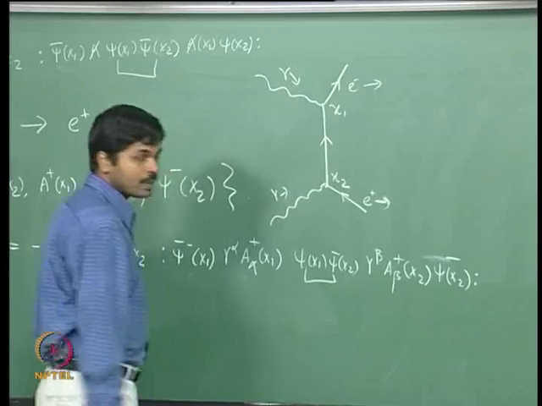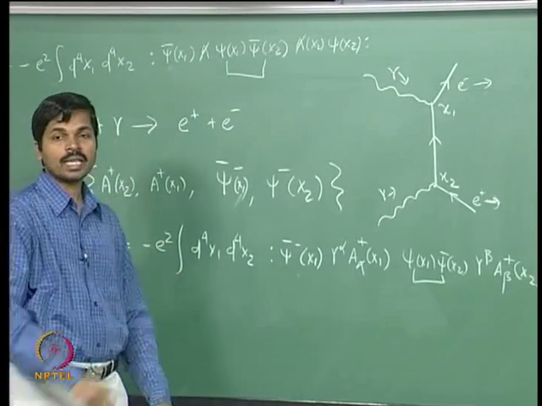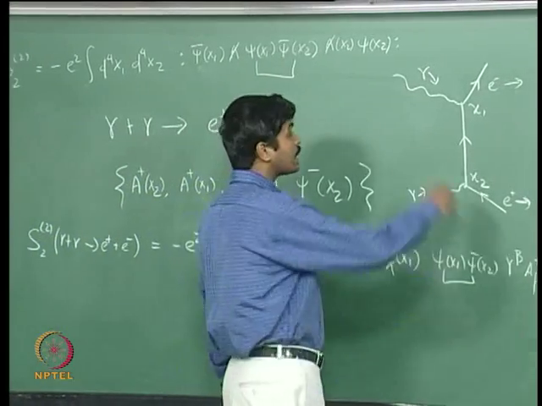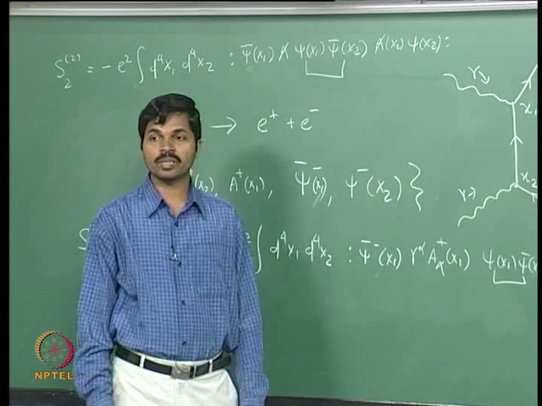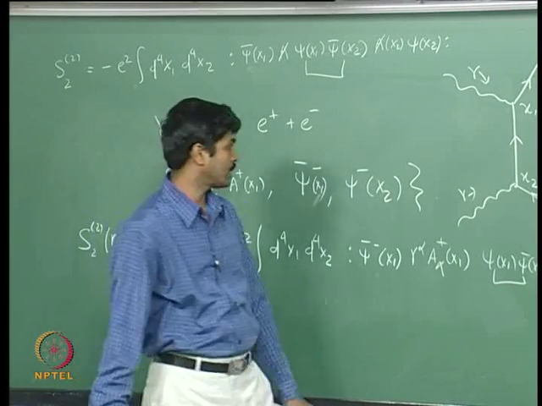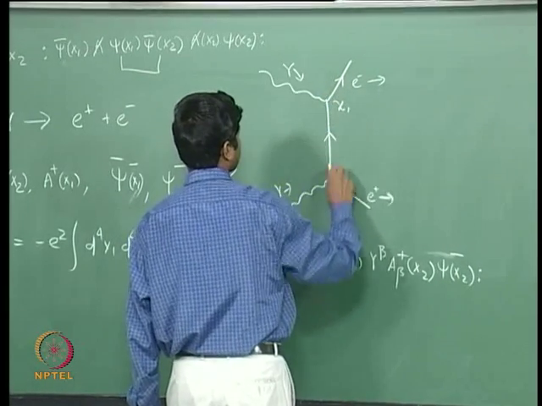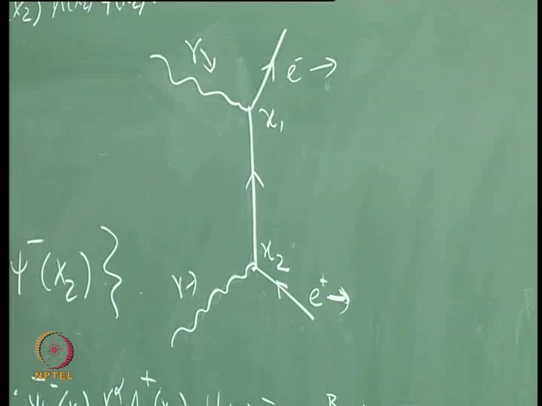Similarly, if there is an incoming electron, I will represent it with a straight line with an incoming arrow, whereas if there is an incoming positron, I will represent it with a straight line with an outgoing arrow. Okay, that way you can see that in this diagram, this arrow is directed along one direction only.